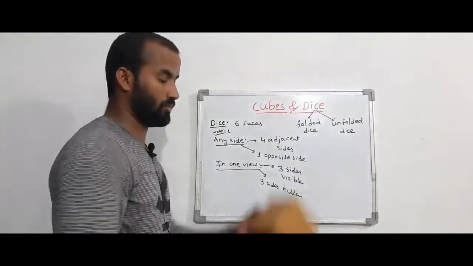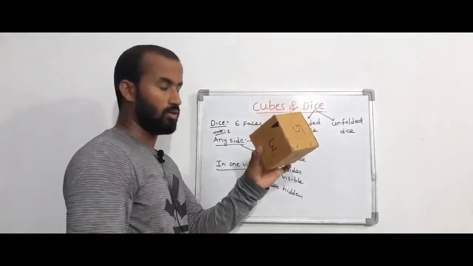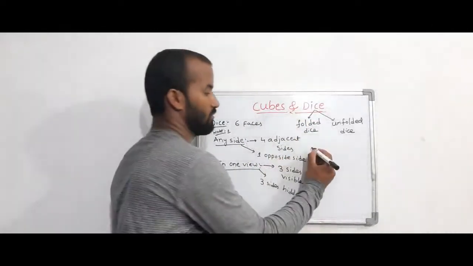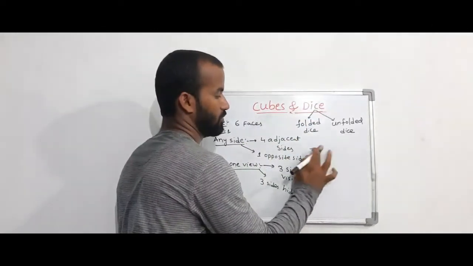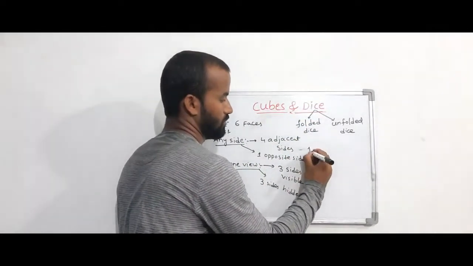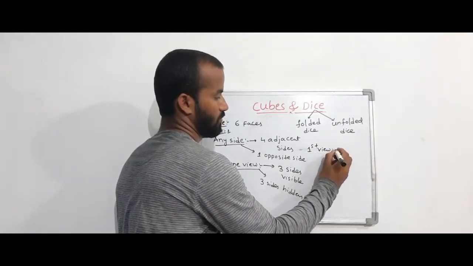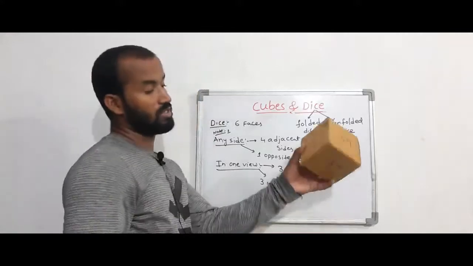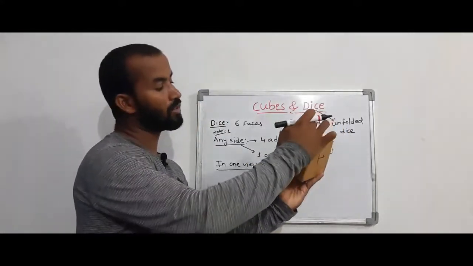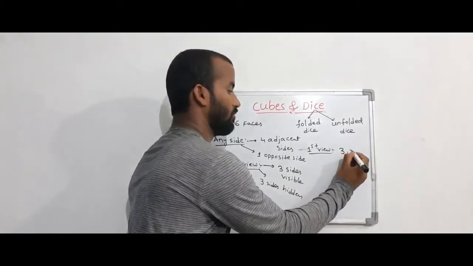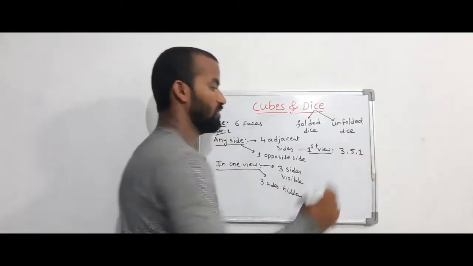Now for this die, I am taking some views. First view, see, what is the first view? 3, 5, 1. This is the first view.